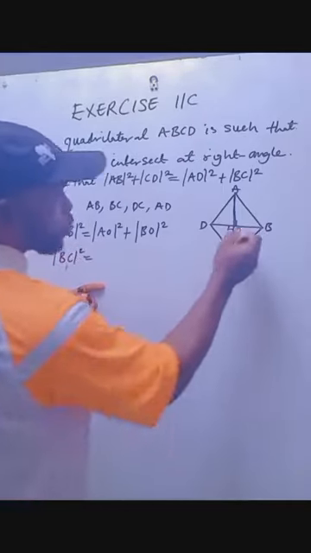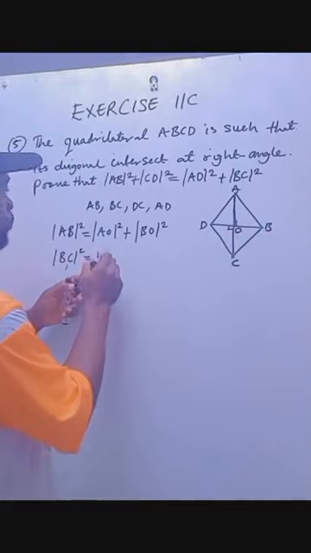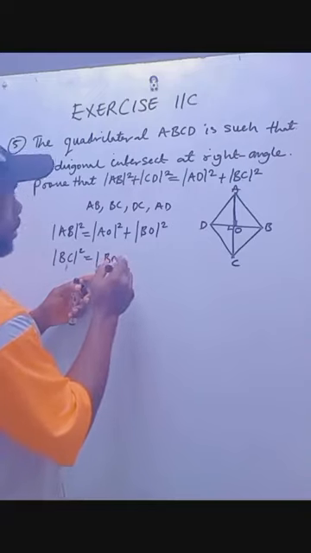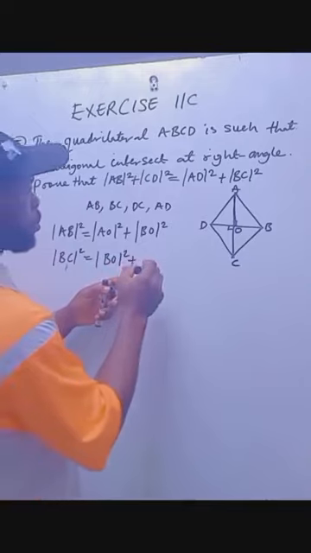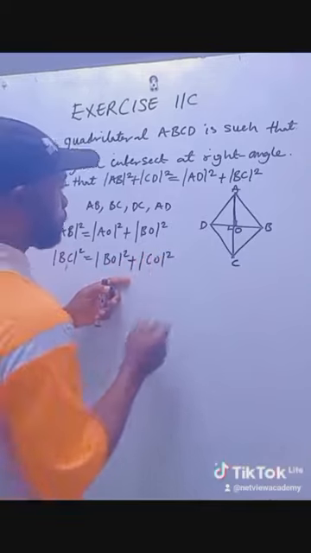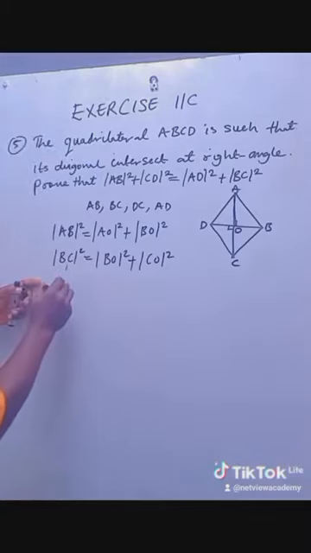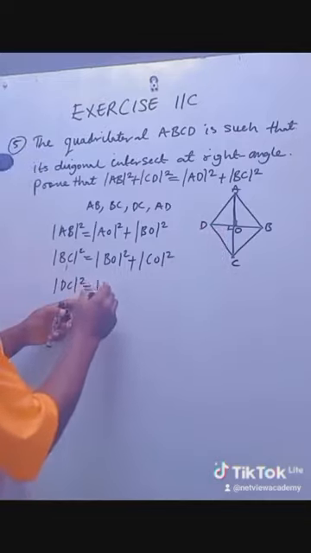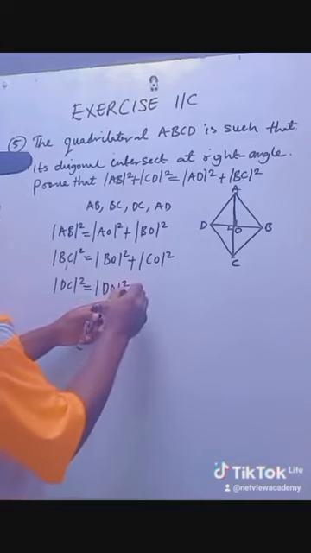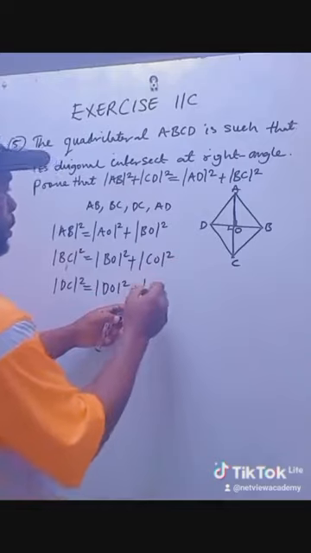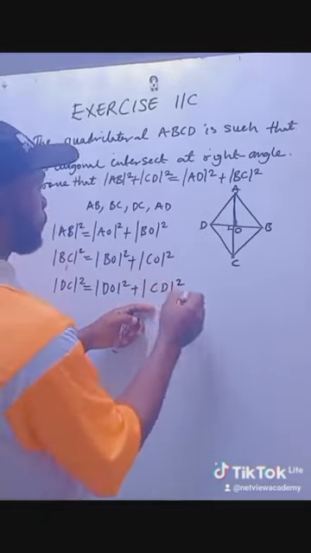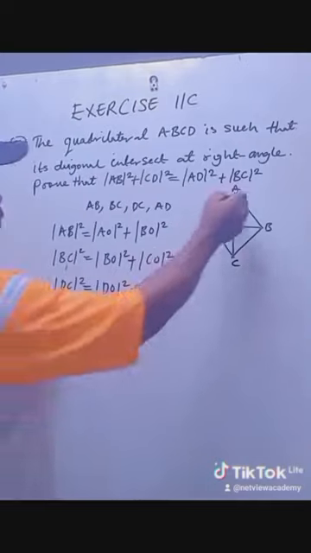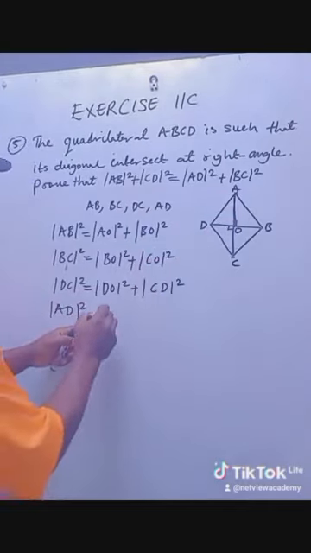BC squared, which is the hypotenuse of this triangle, is equal to BO squared plus CO squared. DC squared, which is the hypotenuse of this triangle, is equal to DO squared plus CO squared. AD squared, the hypotenuse of this triangle, is equal to AO squared plus DO squared.